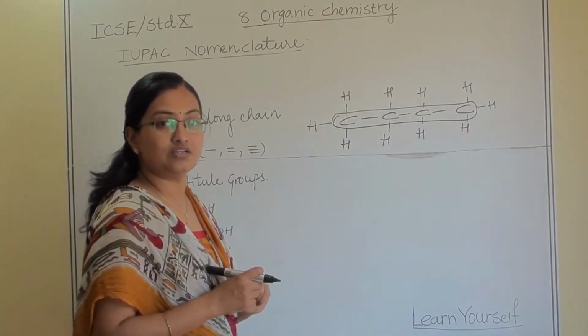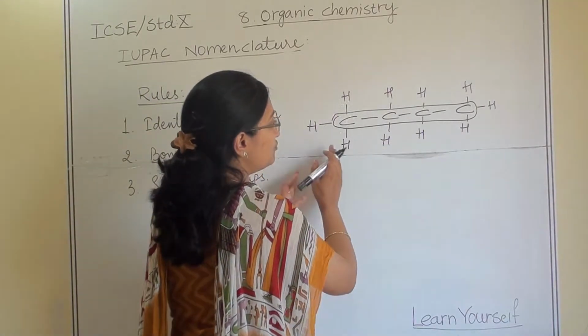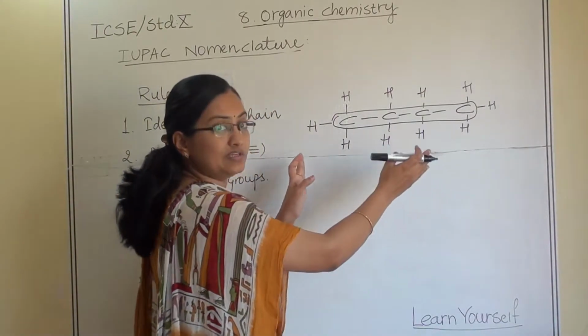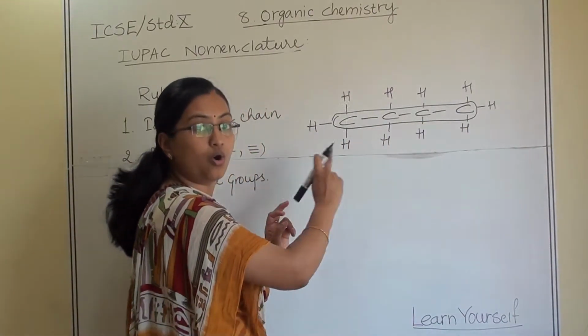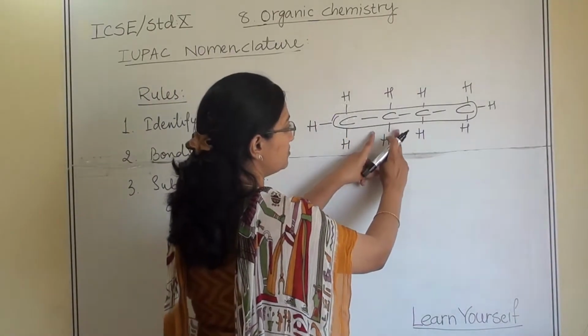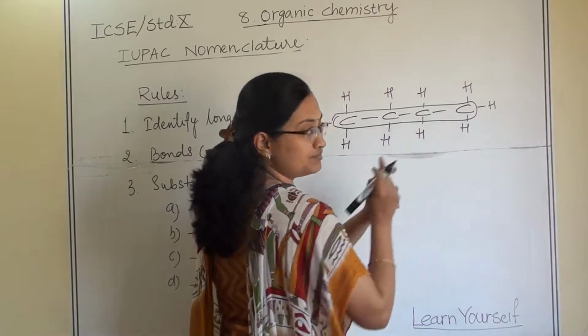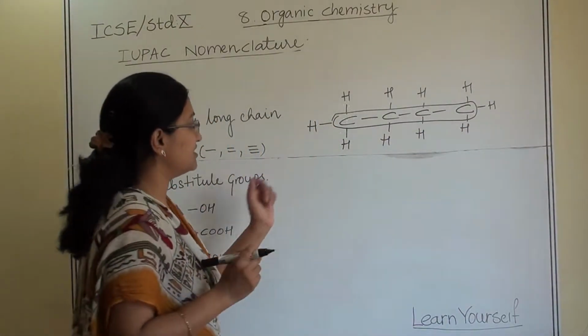Let us try to understand this first. If you see, there are only single bonds. There is nowhere a double bond or triple bond. And how many carbons are there? 1, 2, 3 and 4. Four carbon atoms in one structure.